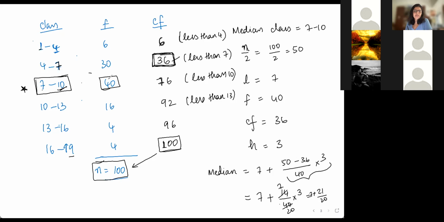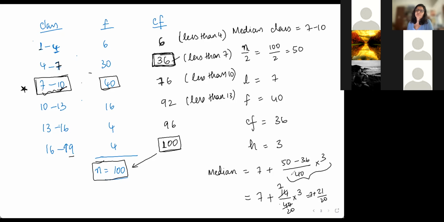Your median is lying among one of these 40. So your class size is 7 to 10, right? Among these 3 units, you have 40 of your observations distributed between 7 to 10. Out of that, the 50th one is your thing. So it's kind of like a unitary method.